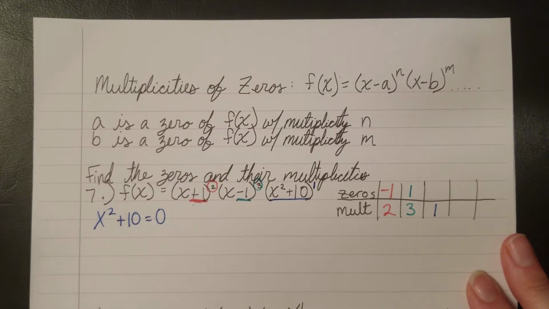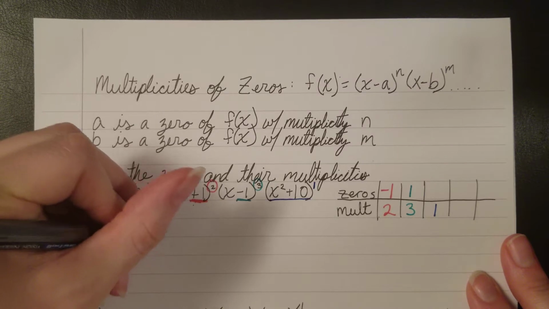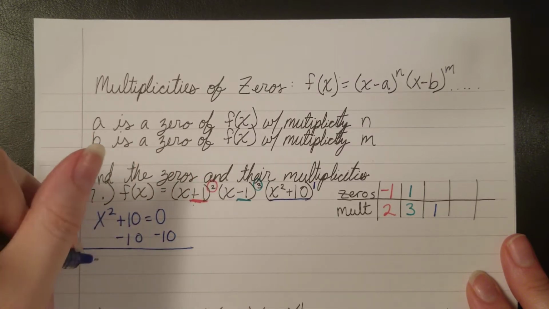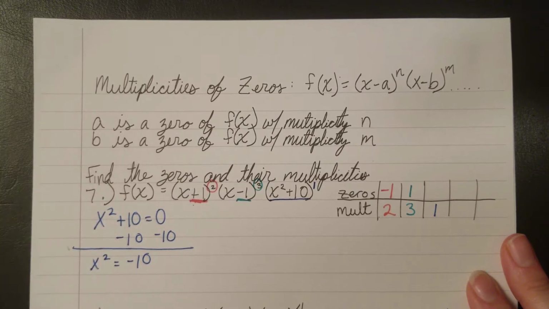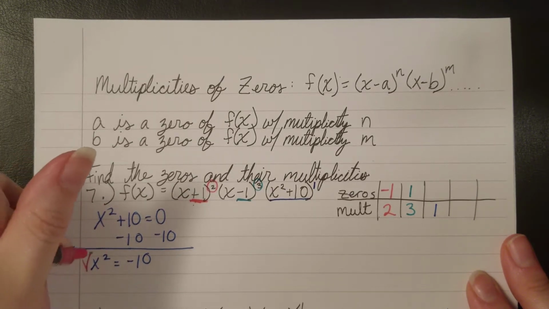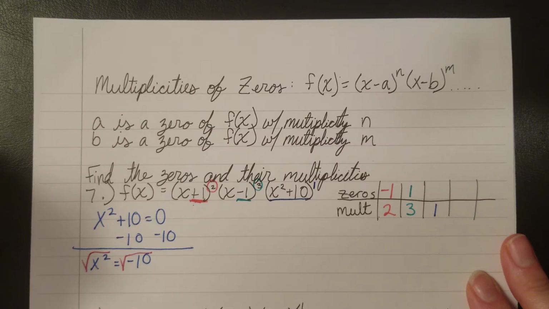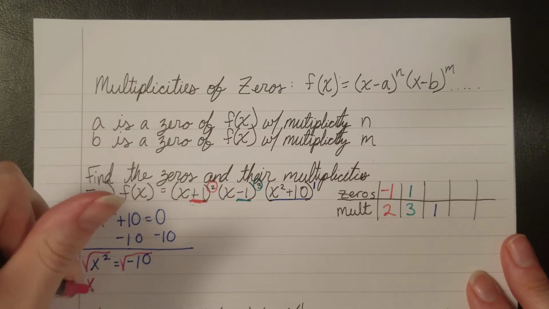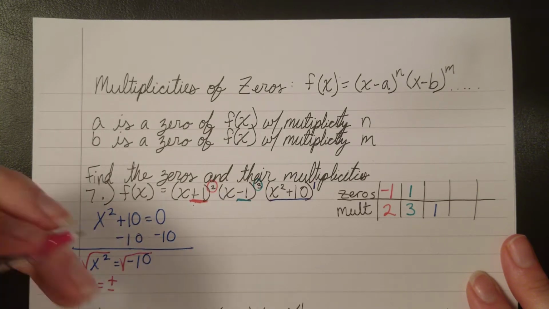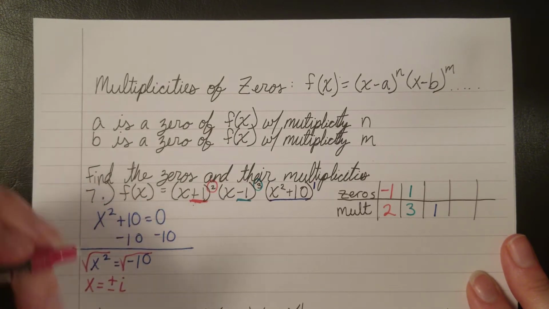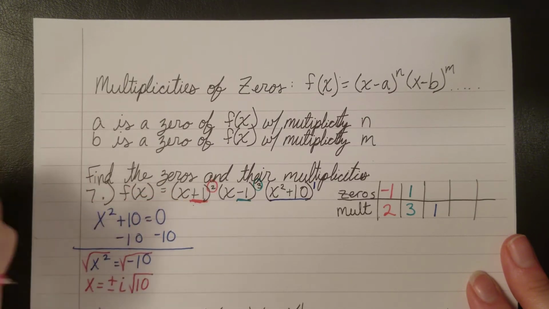So subtract 10 from both sides, so x squared equals -10, and then I would take the square root of both sides. So that would be x is equal to plus or minus, and then since we're taking the square root of a negative, that's going to be i square root of 10.